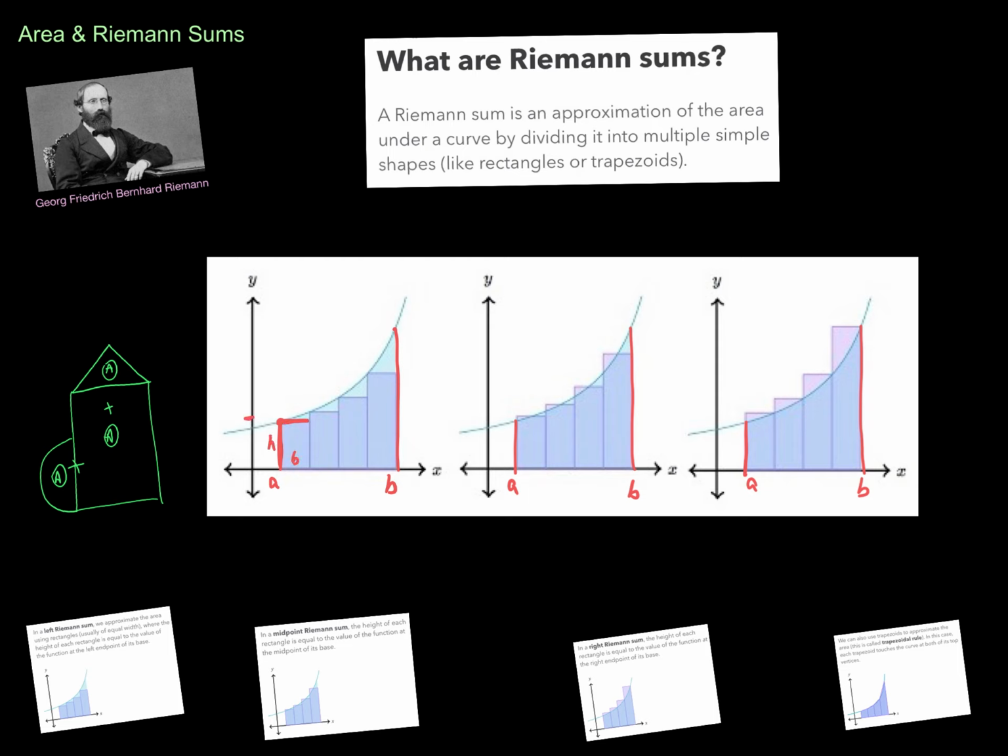Then I could be consistent and use the left side of each rectangle to find the height, the height of that one, that one, and that one. This is known as a left Riemann sum.